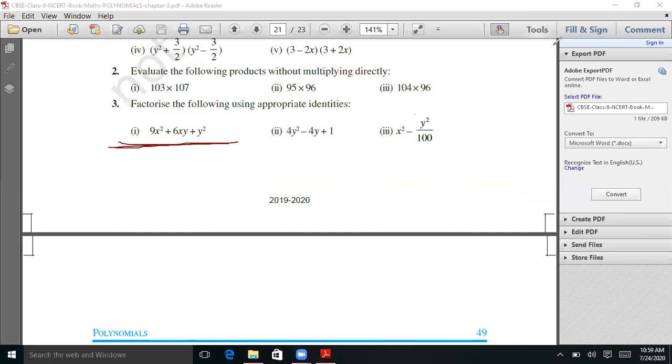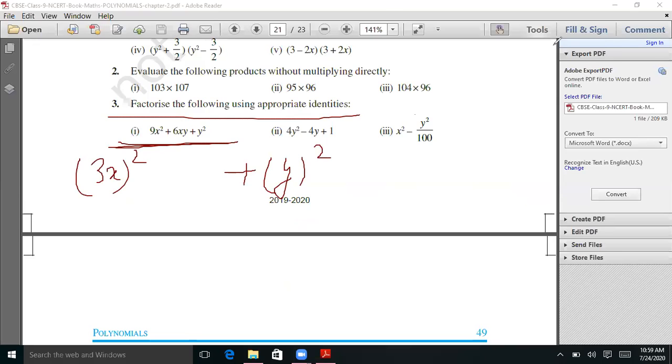9x square plus 6xy plus y square. First of all, we can check here whether we can form an identity. We can write down 9x square as 3x whole square, right? We can write down y square as y square. Now it's like a square plus b square. In between, to make the identity, it should be 2ab. You can check, yes, it's the same, 6xy.